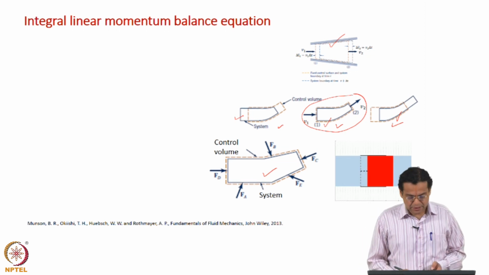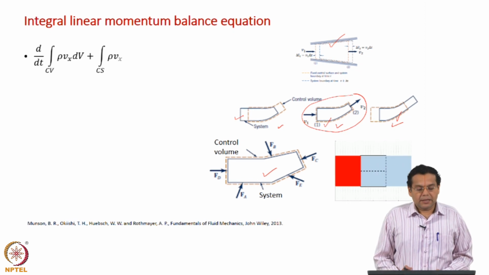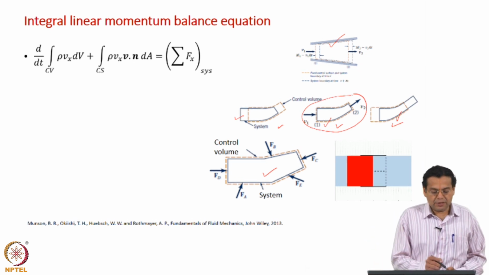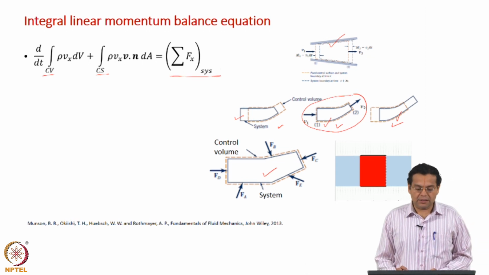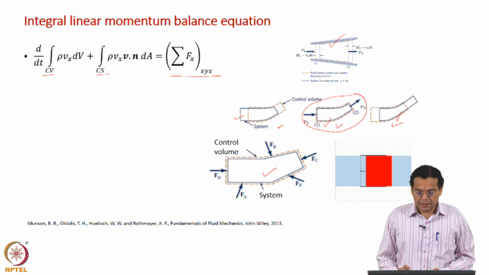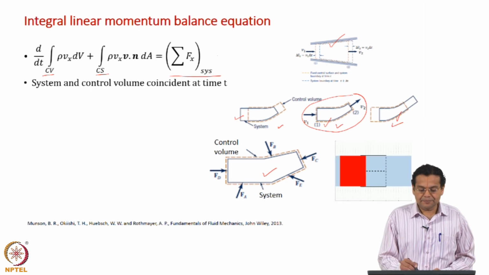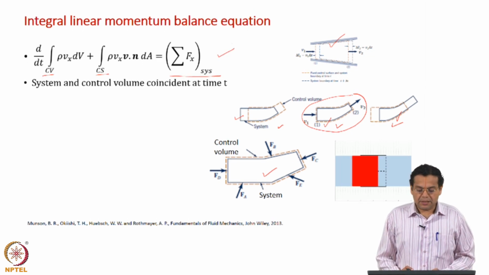Now, let us express this in terms of equations. Let us carry over the integral equation which I have written in the last slide: the left hand side in terms of control volume and control surface, and the right hand side representing sum of all the forces along the x direction for the system. We consider coincident system and control volume at time t. These are instantaneous equations. So, at every instant of time we consider system and control volume to be coincident.